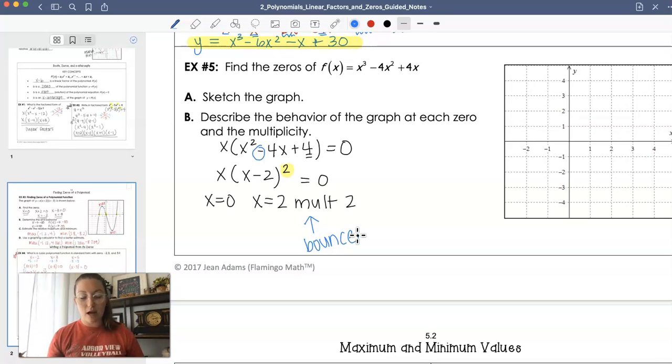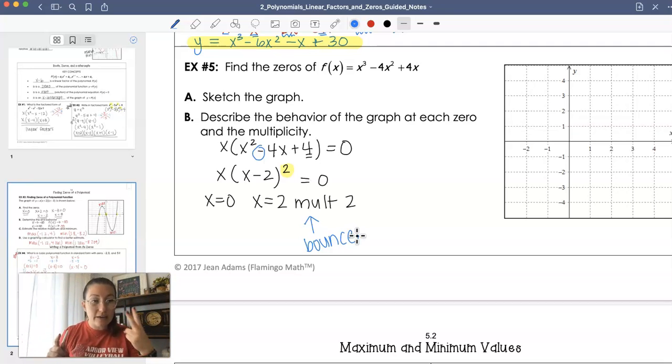And then we're going to talk about our end behavior. End behavior is going to go off of your leading coefficient. Is it positive? Is it negative? The easiest ones to think about are either a linear function, which is an odd function because it has an exponent of 1, and we know lines go like this or like this, so they have opposite end behaviors.